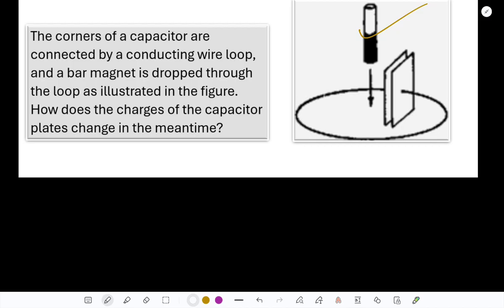At this moment, the EMF induced is 0, and when the bar magnet moves away, the magnetic flux decreases through the loop. So the induced voltage is in the opposite direction as it was initially. And I'm assuming here for simplicity that the bar magnet moves at a constant speed.